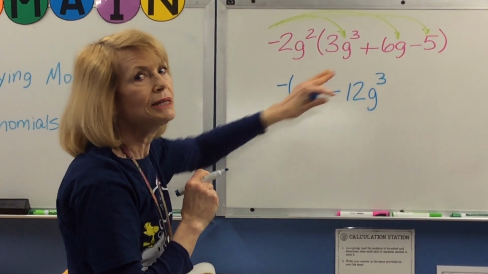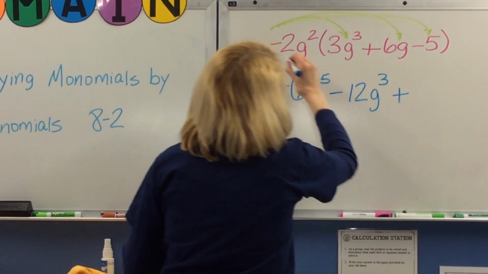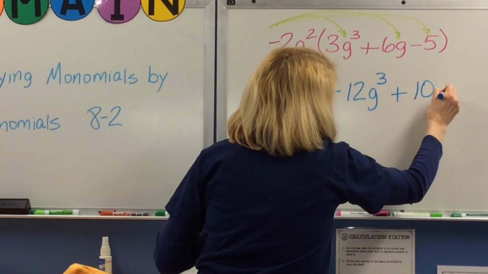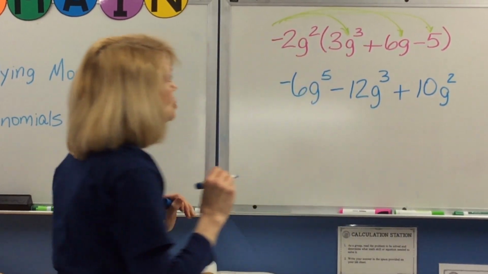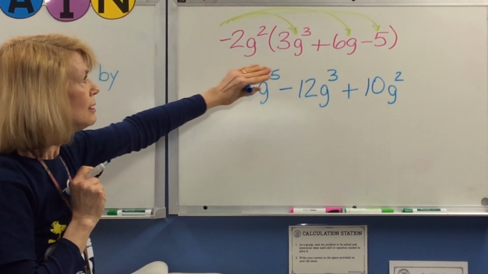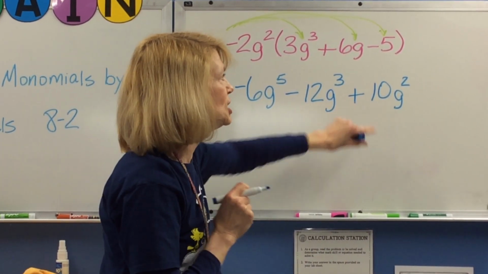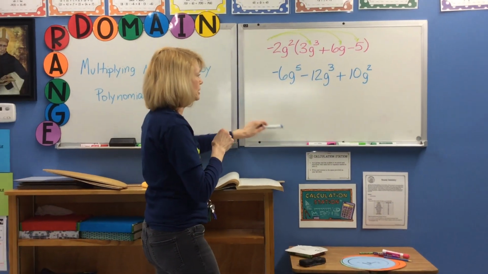A negative times a negative gives a positive term. 2 times 5 is 10, and then my variable is g squared. So negative 6g to the fifth minus 12g to the third plus 10g squared. So all you're doing is distributing.